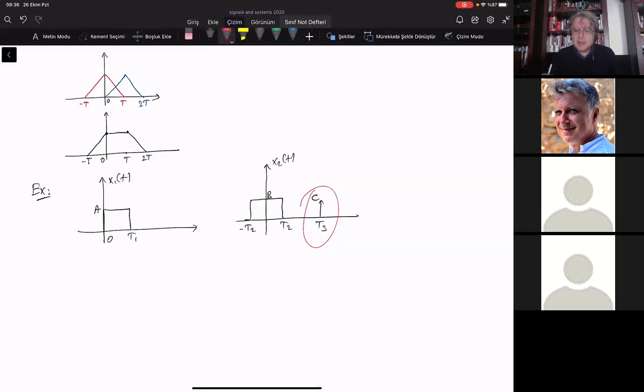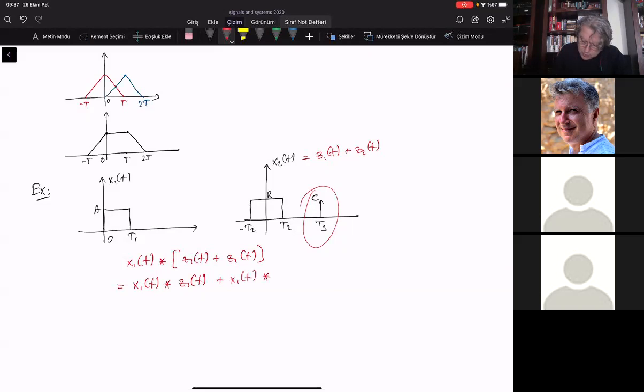The summation signal will correspond to convolution of x2, because x2 of t is equal to z1 of t plus z2 of t. z1 of t is the rectangle box, z2 of t is the impulse, and x1 of t convolution with z1 of t plus z2 of t is equal to x1 of t convolution z1 of t, which is the convolution of the two rectangular or regular shapes, plus x1 of t convolution with z2 of t, which is convolution with an impulse, or there may be even more than one impulse.